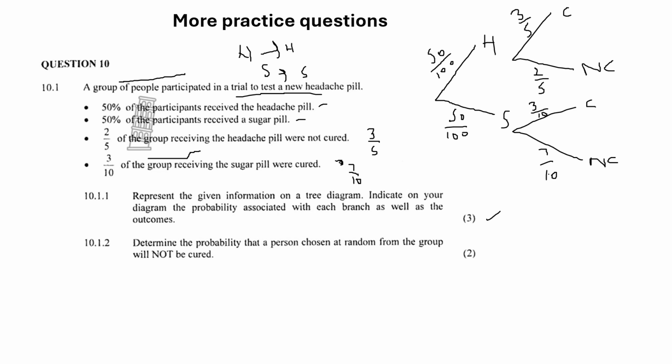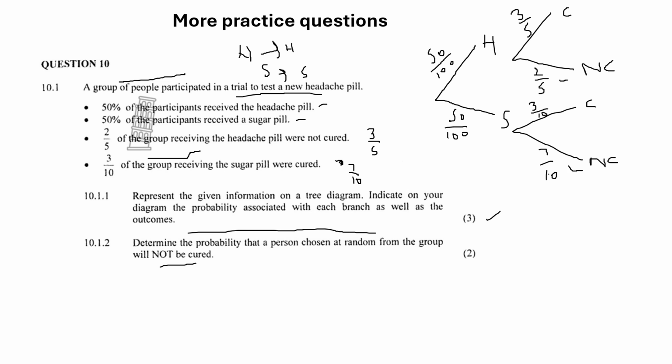Now for the second question, we need to check what they're asking. They want us to find the probability that a person chosen at random from the group will not be cured. So we need to check where the not cured ones are. We've got one there, not cured there, and also not cured here.